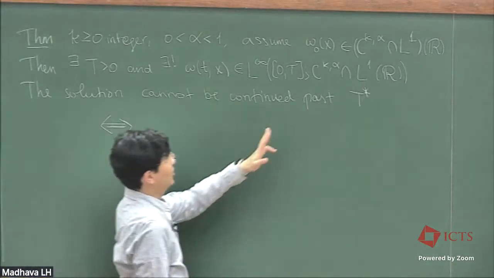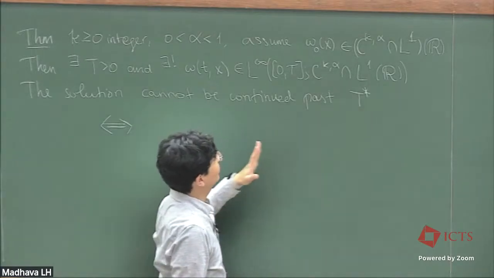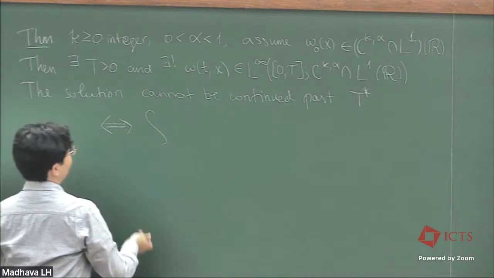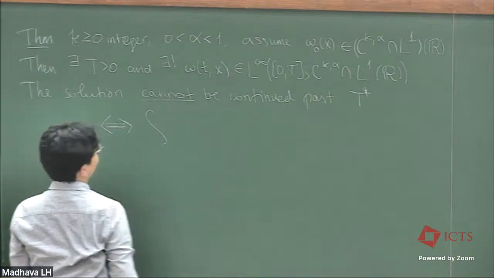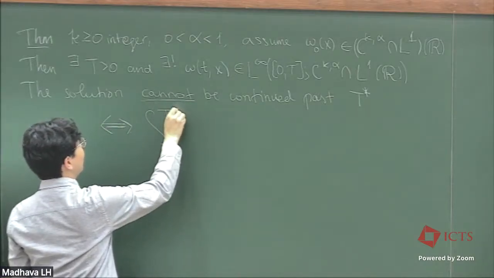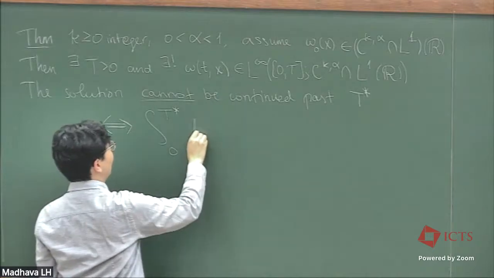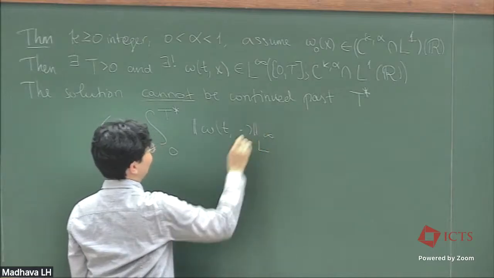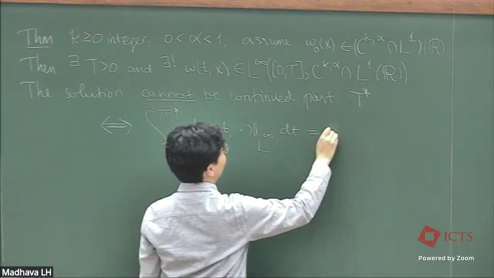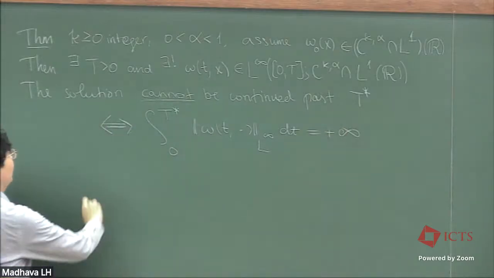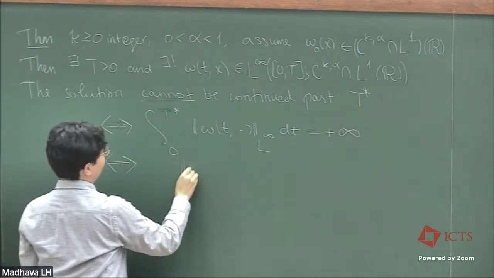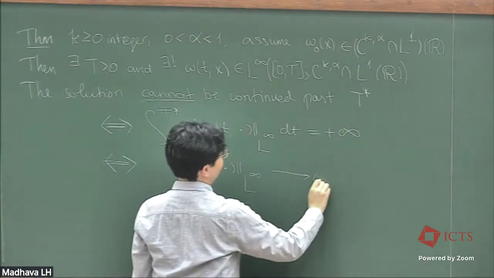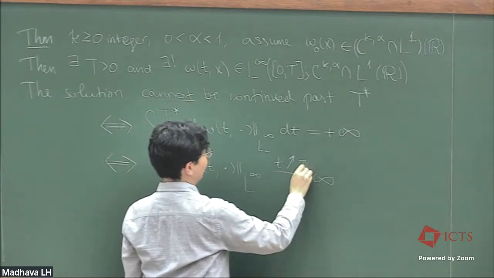Okay. And the question is, can we define the solution after t star? And this is not possible if and only if this integral of omega t, so this is slightly more precise version than I wrote last time, is infinity. And this is equivalent to this at infinity going to infinity as time approaches t star.